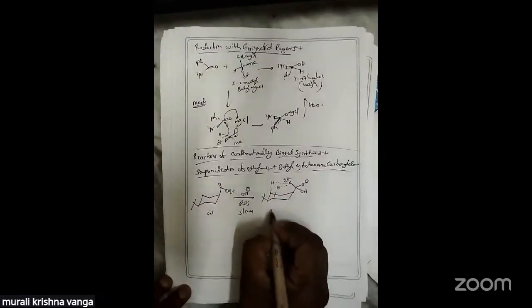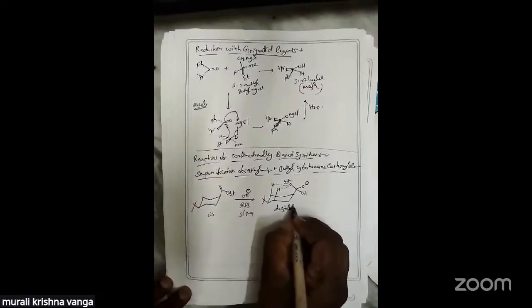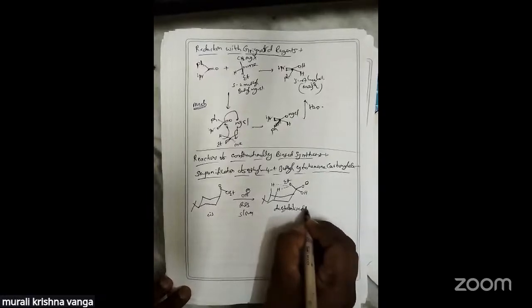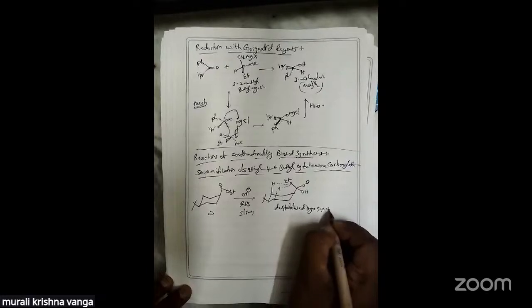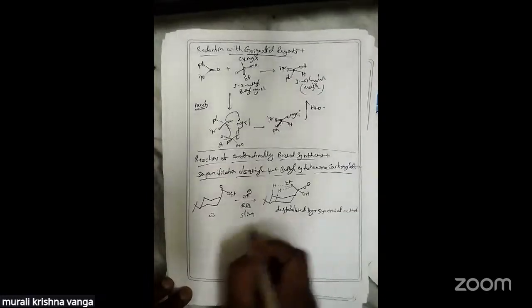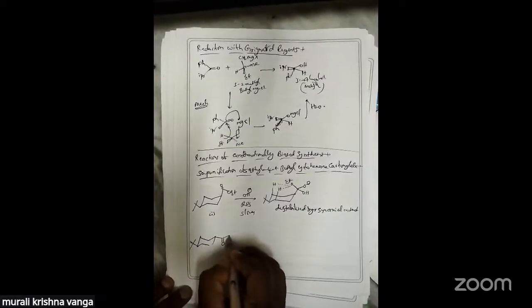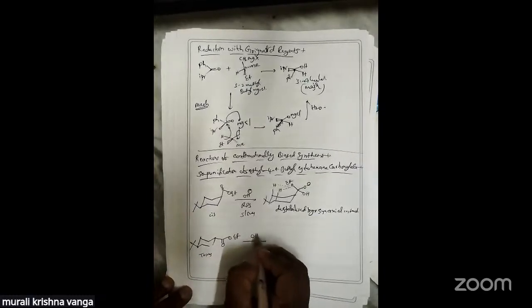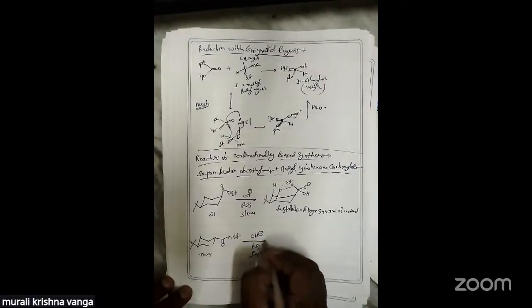When it is the trans compound, the RDS is fast, then the product is formed.